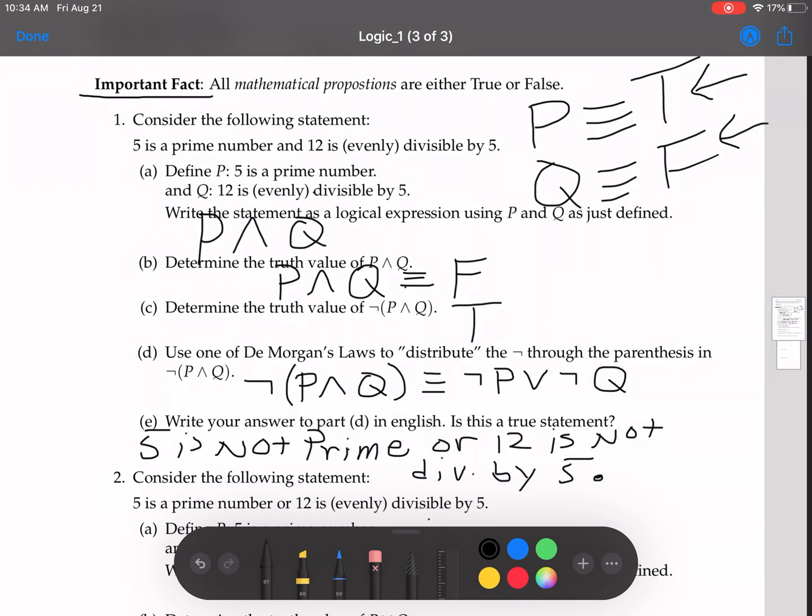And another main point is that De Morgan's laws give us a way of reasoning through what an and statement or an or statement means after you negate them.